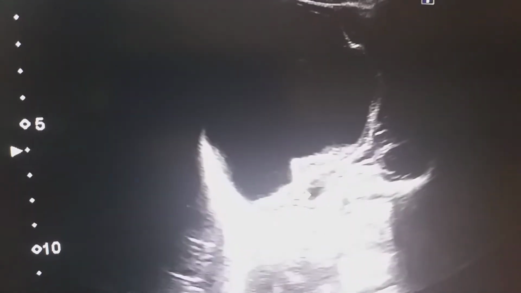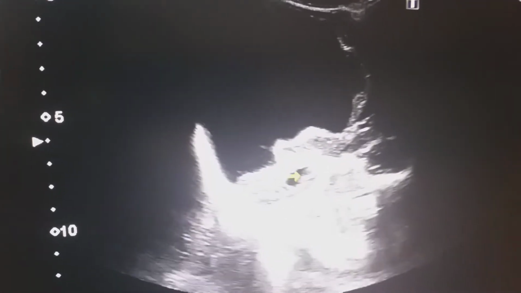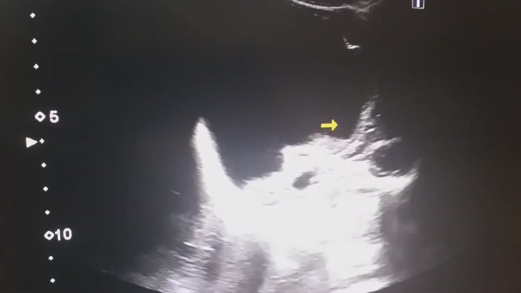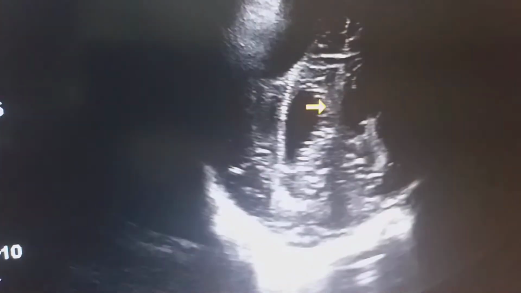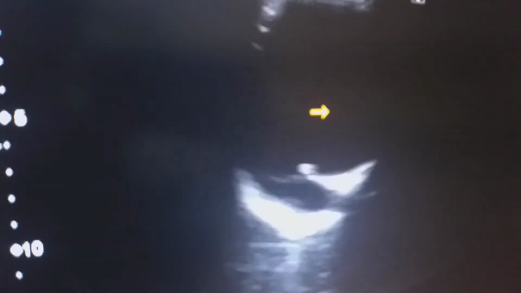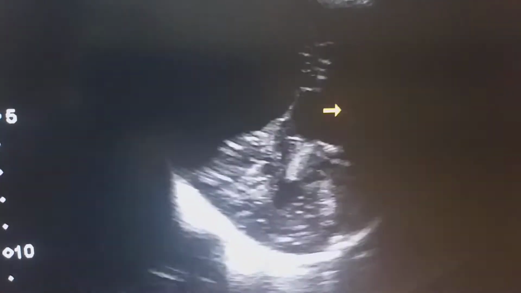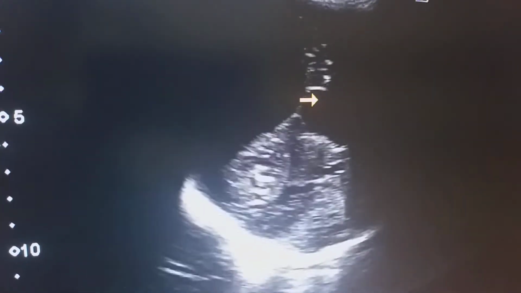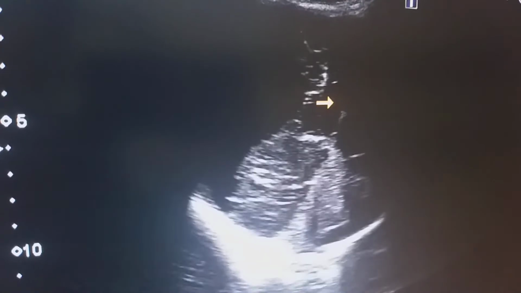This is the temporal horn, and these are the body of the lateral ventricle. This is the body of the lateral ventricle, and these are the frontal horn.